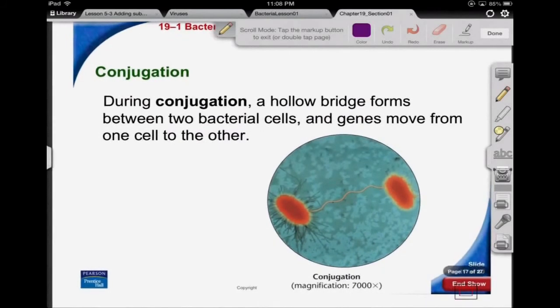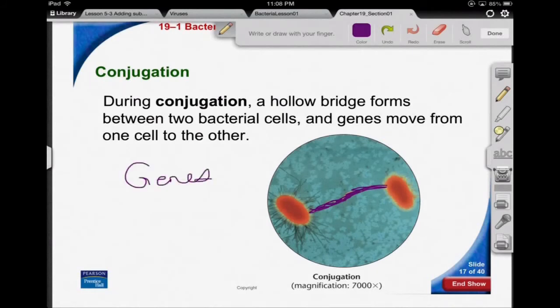This hollow bridge is a pilus. So through that, genetic material would be transferred. So at this level, we just say that genes are being sent. Now that's the genes and how they're sent. The genes are copied. Okay, so gene copies.